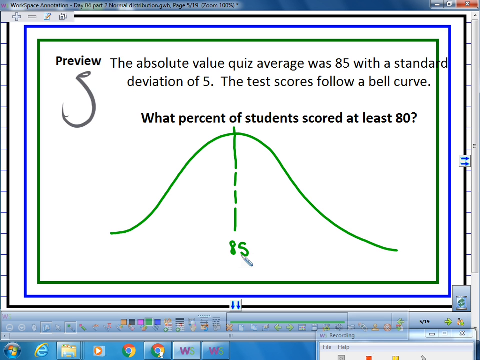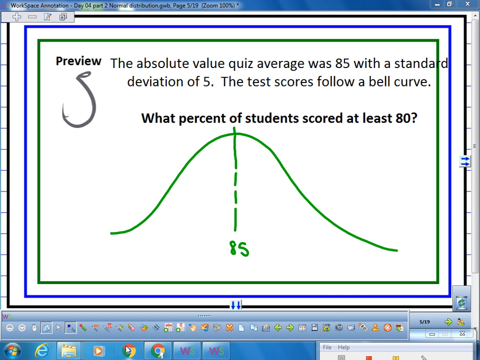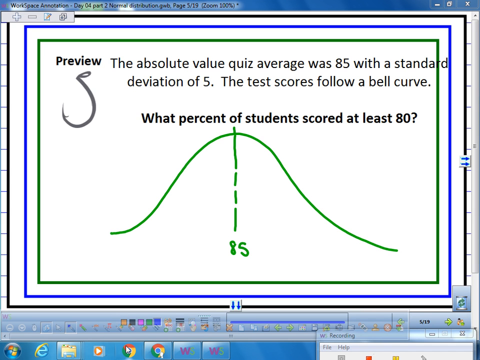Can somebody raise their hand and tell me what it means to have a standard deviation of 5? Let's hear it, Philip. Okay, you're right. It is on the other side of the 85, but what does it mean to be the standard deviation? Sarah? It's the average that it goes away from the mean. Okay? If I add up all of the different deviations and average them out, that would be my standard deviation.